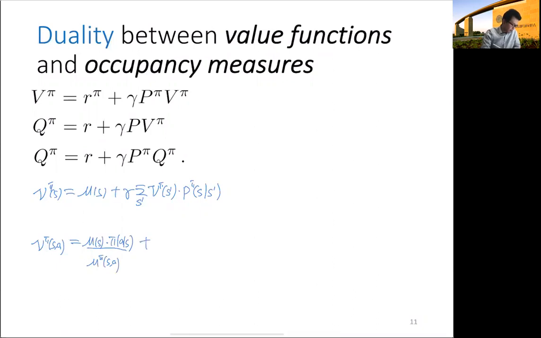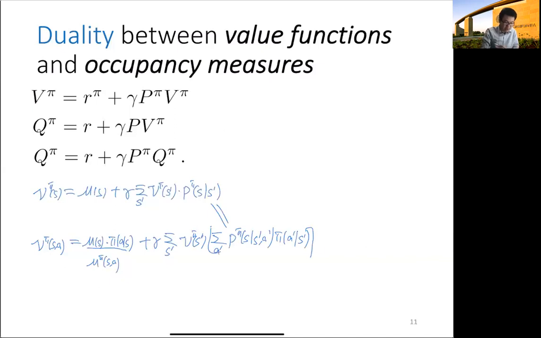Now we can unwrap this P pi by rewriting it as the summation over A prime of P pi of S prime A prime times pi of A prime given S prime.